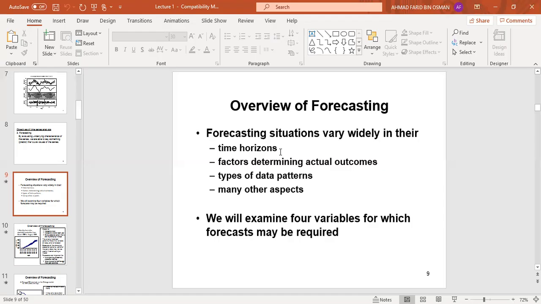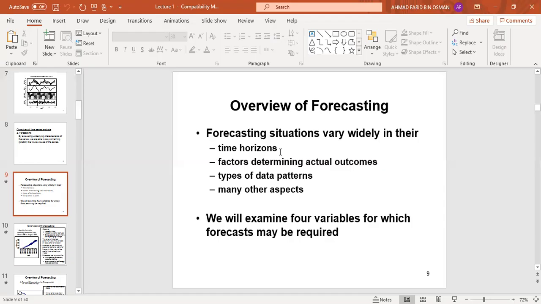And then the factors determining the actual outcome. For certain time series data, the movement of the series depends on other factors. It doesn't only depend on the systematic pattern, the historical pattern, the trend and seasonal pattern I just mentioned. For certain data you just need to understand the historical pattern of the series in order to produce a good forecast.